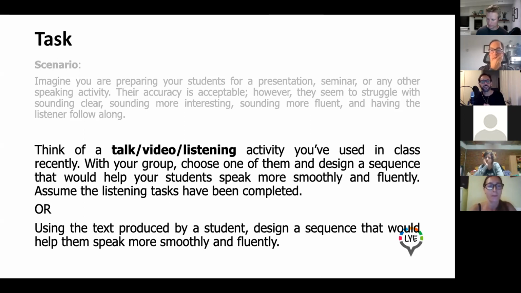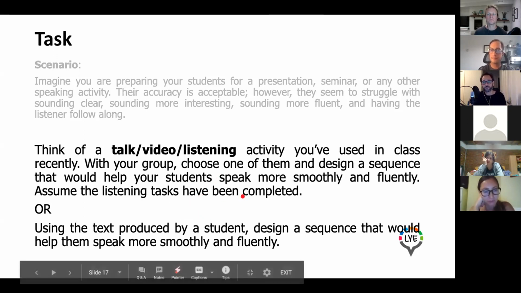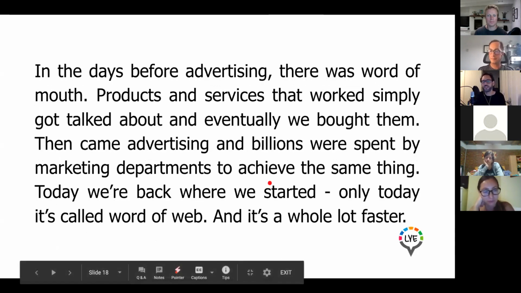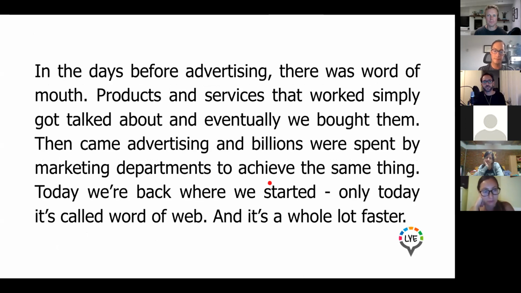Again, assuming that the listening tasks have already been completed. Or if nobody has an idea or an activity, I'm going to show you a text which was produced by one of our students, and we can try to design a sequence that would help them with speaking more smoothly and fluently. So we're going to go into breakout rooms for approximately 5 minutes.